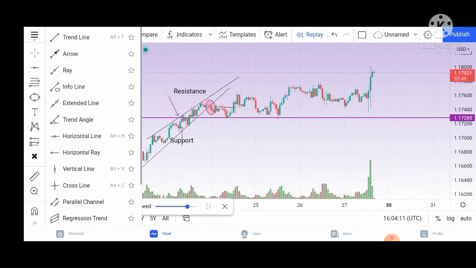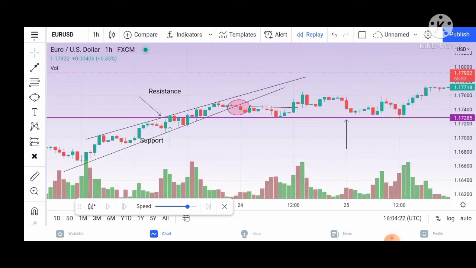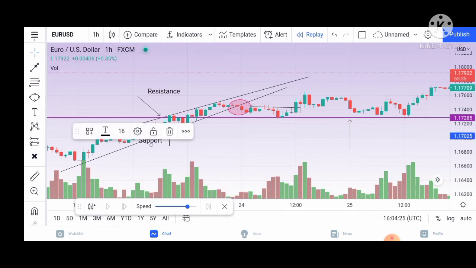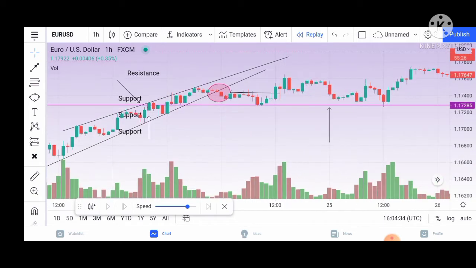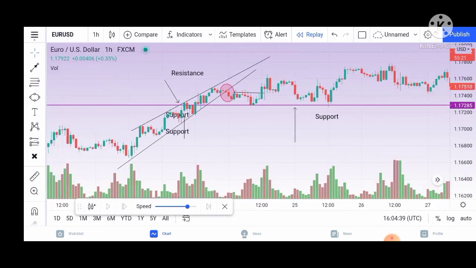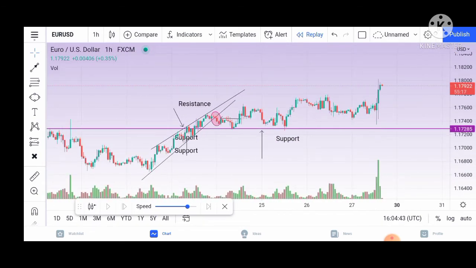In this case we can say that this particular one is an area of support. Why? Because price got there and pushed up. So we can tell that this is our area of support, because price got there and pushed it up.